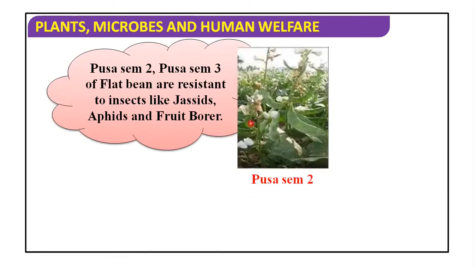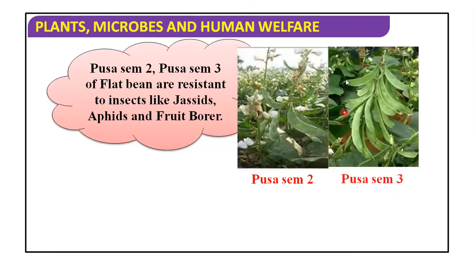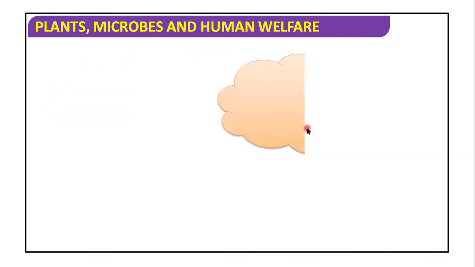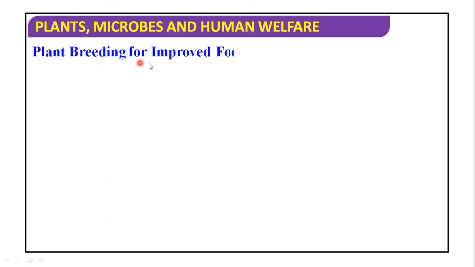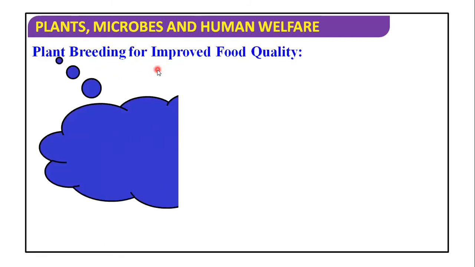See, this is Pusa Sem 2 and this is Pusa Sem 3. Now Pusa Sawani, Pusa A4 varieties of okra, means bhindi, are resistant to shoot and fruit borer. See this picture.